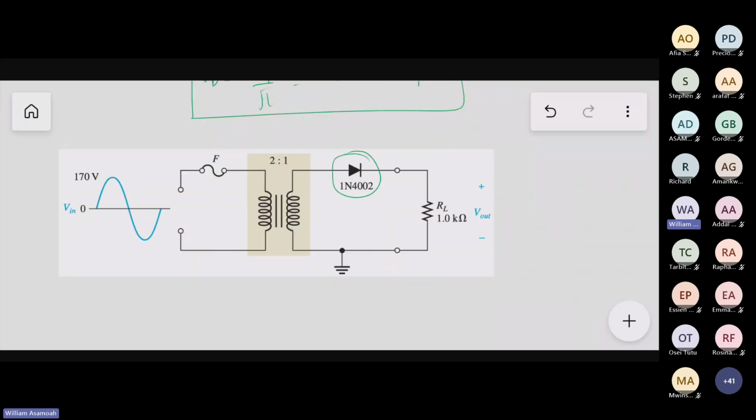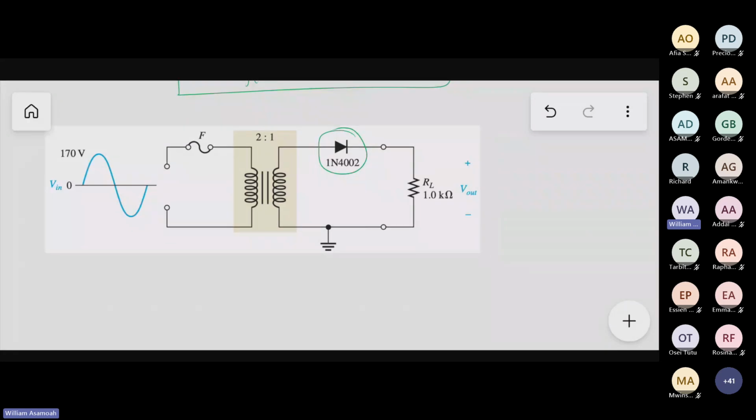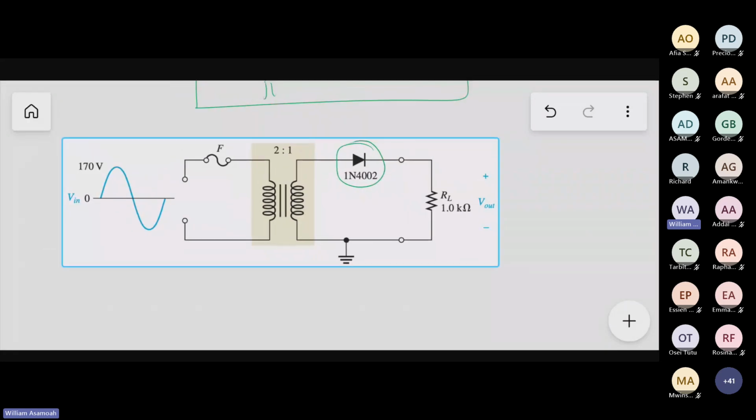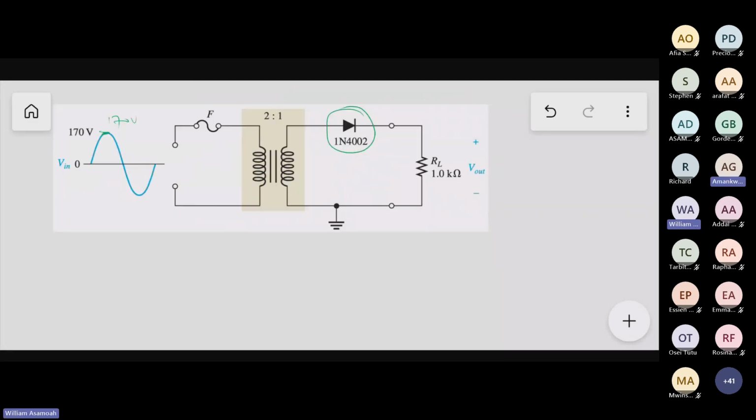Now, when we put a transformer here, this is a 2-to-1 ratio. That means that if the maximum voltage here is 170 V, then what will be the peak at the secondary? So 2-to-1, right?